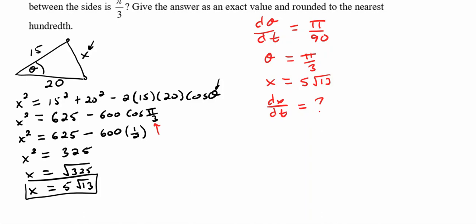So let's write this out again without the pi over 3. We will need it after we take the derivative. So x squared is equal to 625 minus 600 cosine theta.